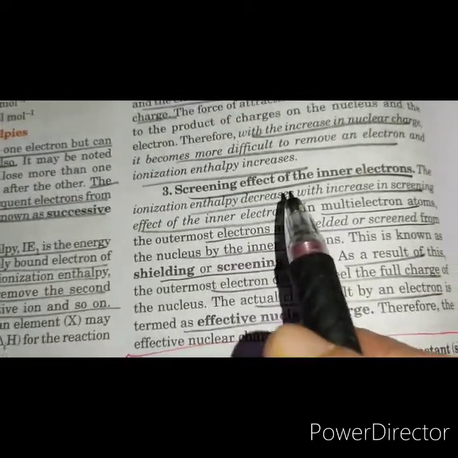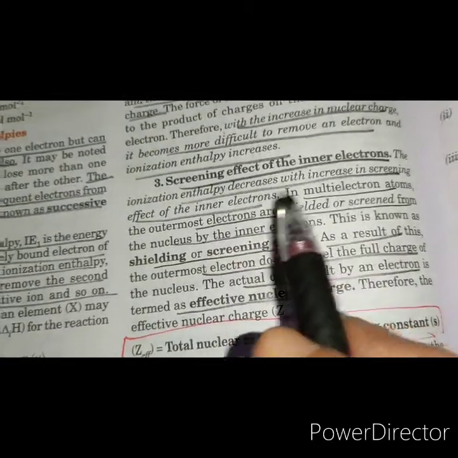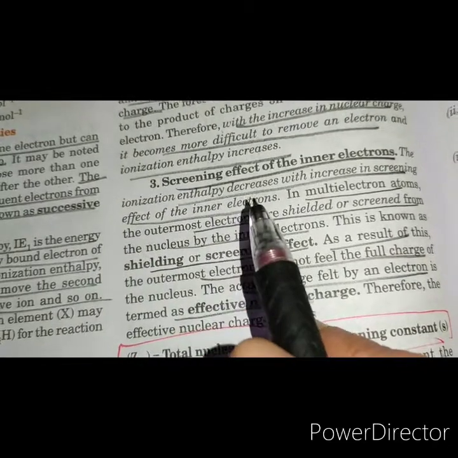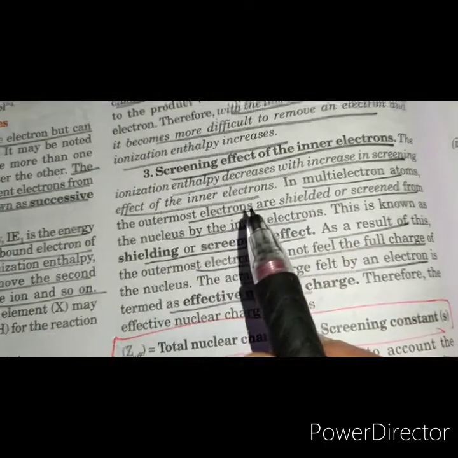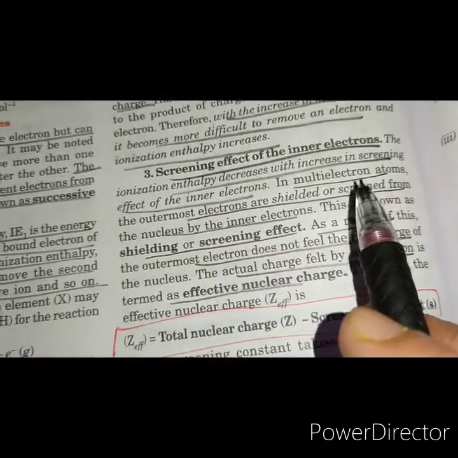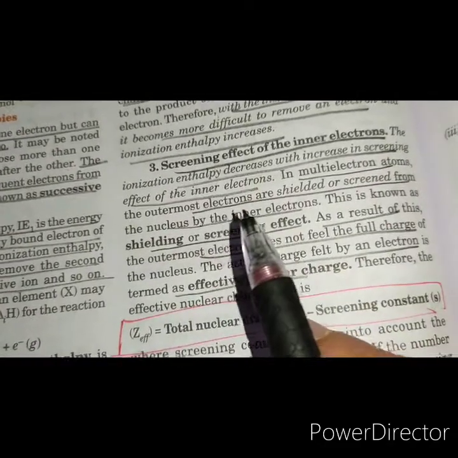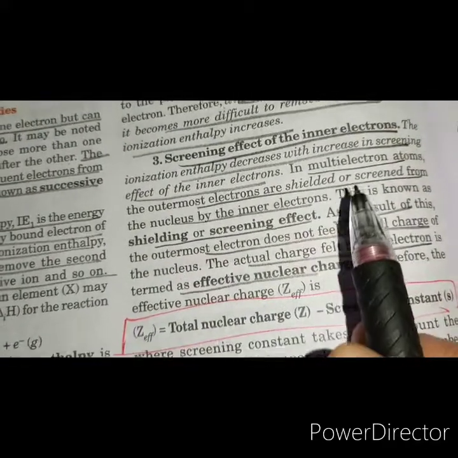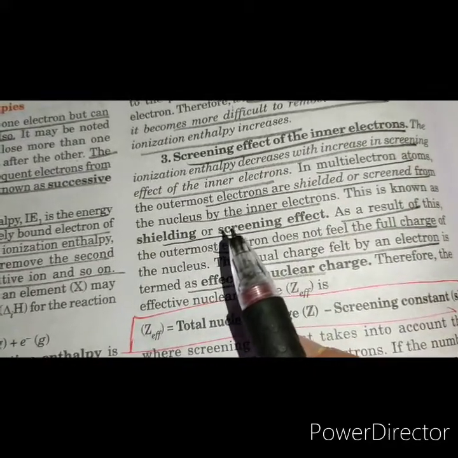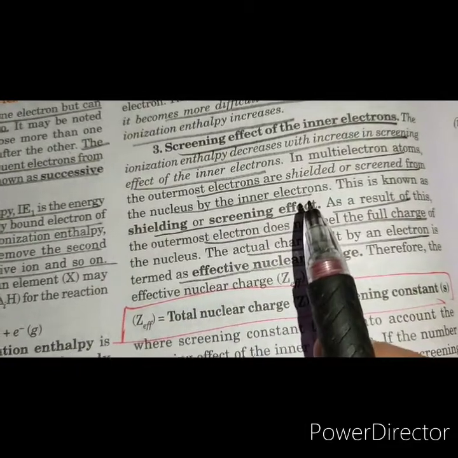Then is the screening effect of the inner electrons. The ionization enthalpy decreases with increasing screening effect of the inner electrons. Now we know that in multi-electron atoms, the outermost electrons are shielded or screened from the nucleus by the inner electrons.